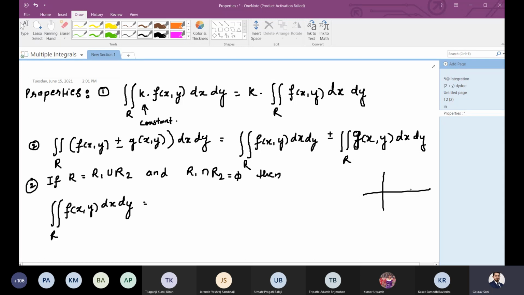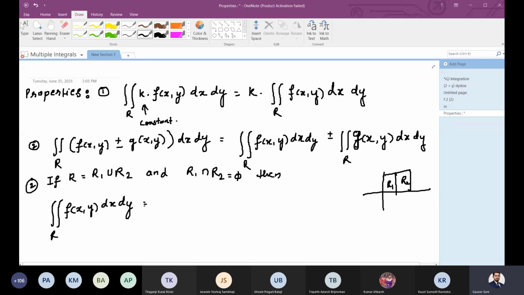You have a region R over which you are integrating, but R is actually the union of two sets, R1 and R2. You can see that R1 union R2 is the complete R and R1 intersection R2 is phi.